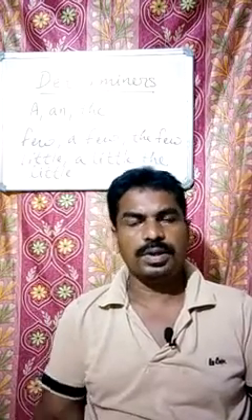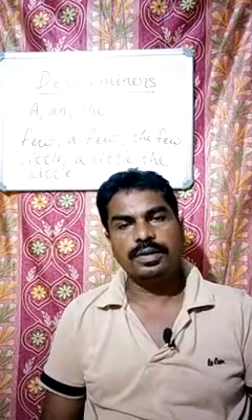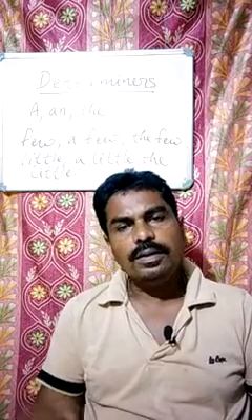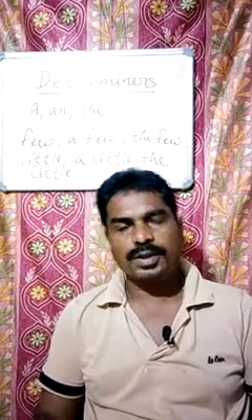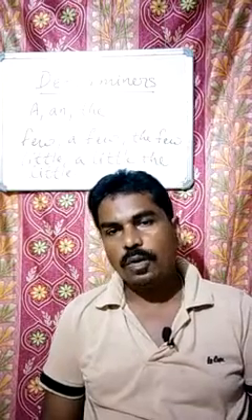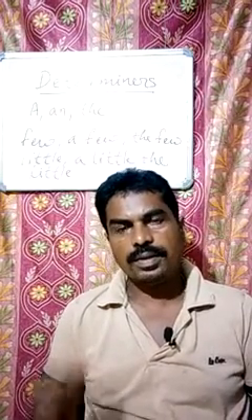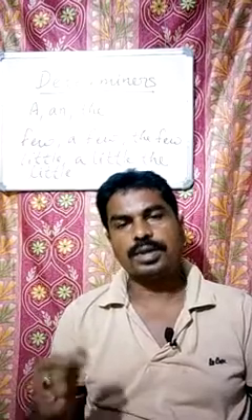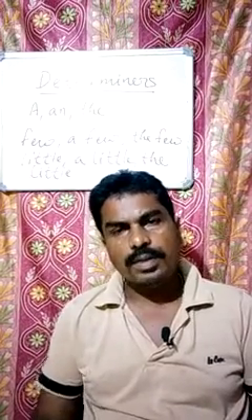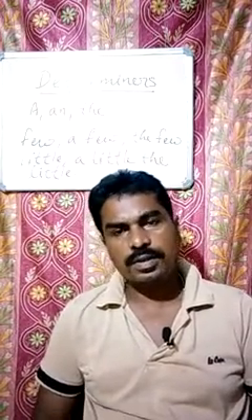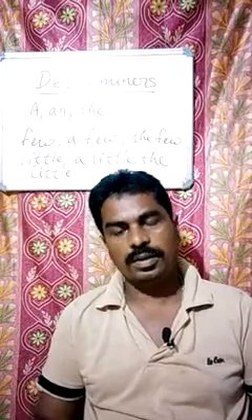The Indian Express, the Assam Tribune, the Telegraph. The is used before the names of rivers, seas, oceans, heavenly bodies, the earth, the sky, the moon, the sun. The is used before the names of the trains, the Rajdhani, the Shatabdi.